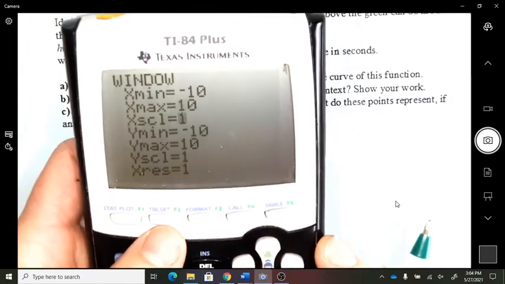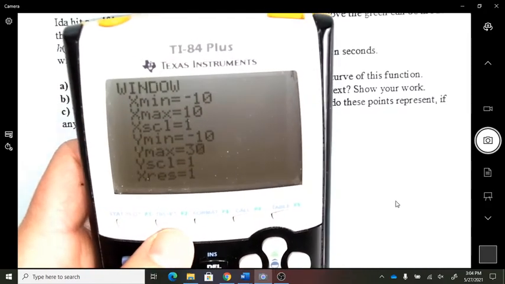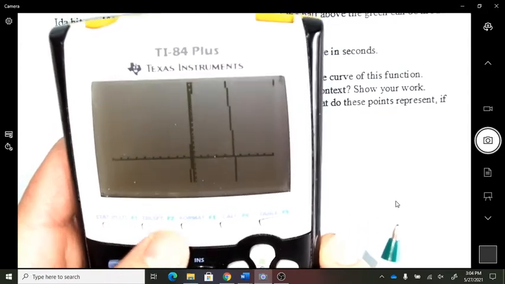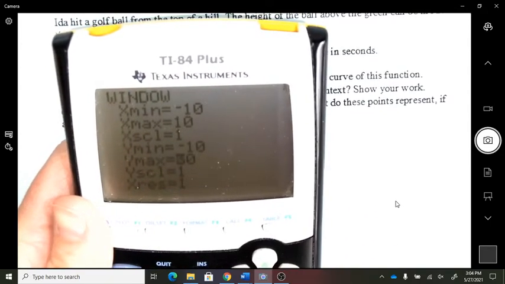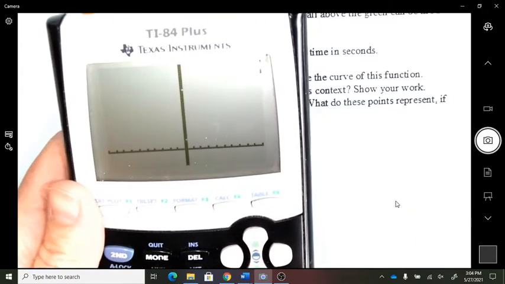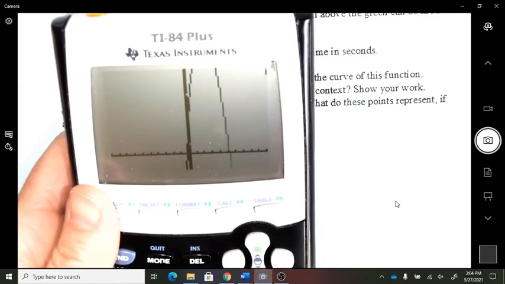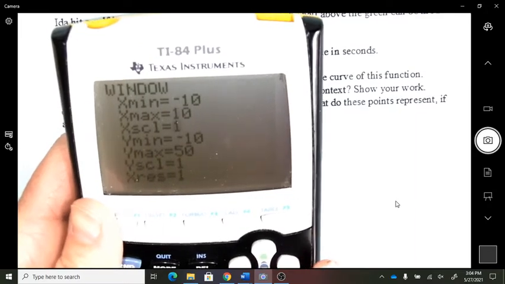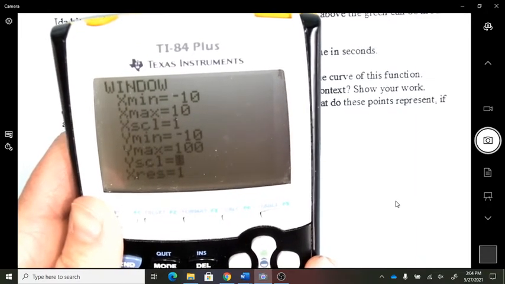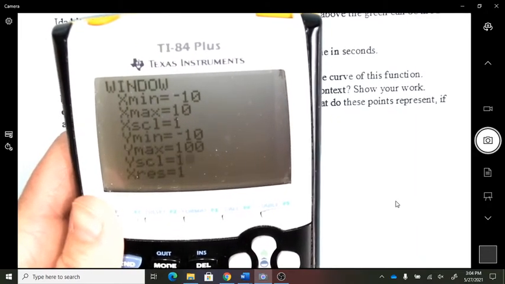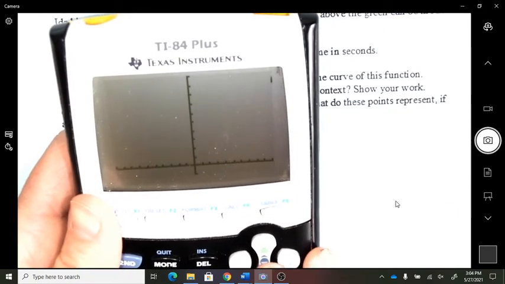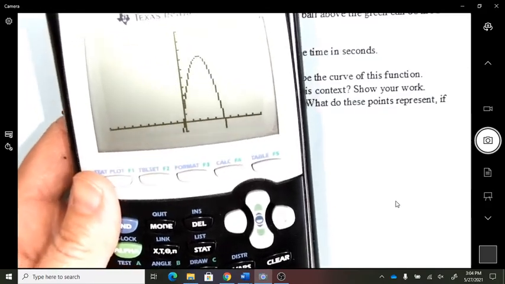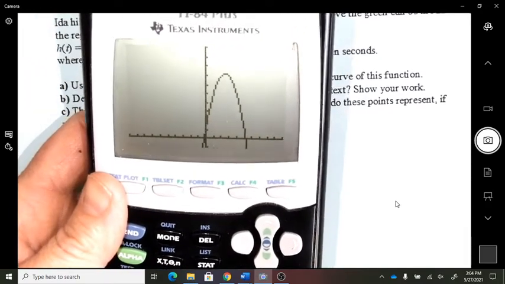I can't see mine, so if anybody has a good number yet, let me know. Anybody? 100? 50. You had 50? 150. Oh, 150. Okay. I have 100 that works, 150 obviously too. Okay, there's my height. I went up to 100.